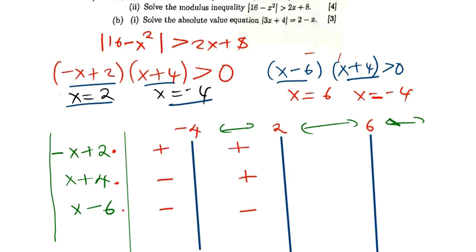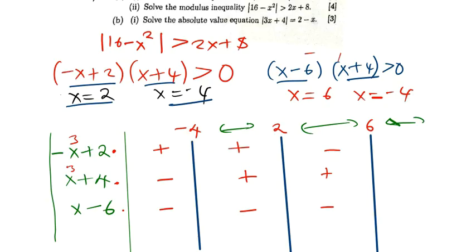Then the other part, between 2 and 6, think of a smallest number possible. Think of a 3. So if you think of a 3, negative 3 plus 2, that's a negative. 3 plus 4, that's a positive. 3 minus 6 is a negative. Okay, and so then we can actually try out now to see what is the possible outcome.